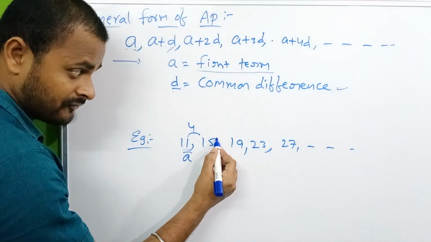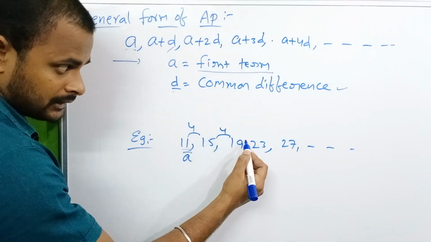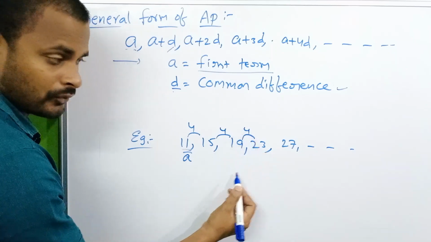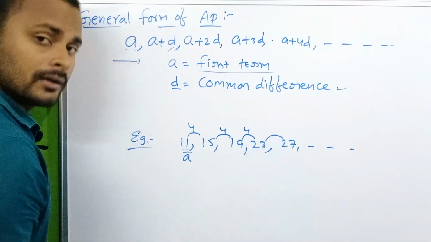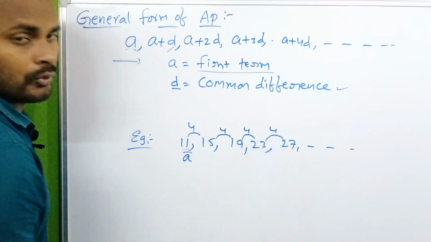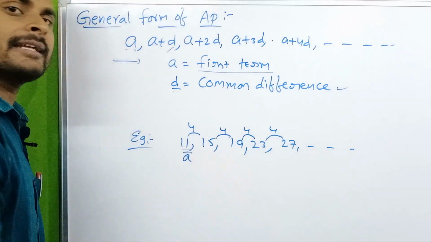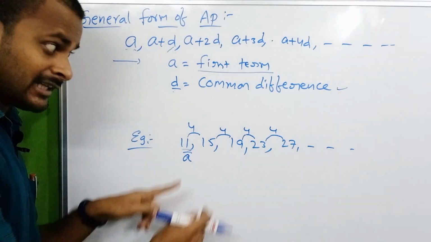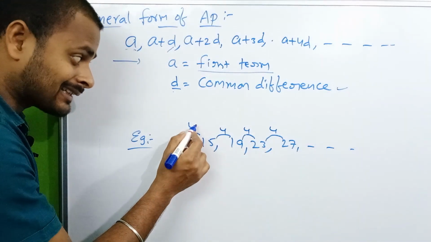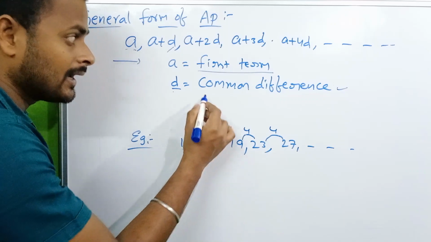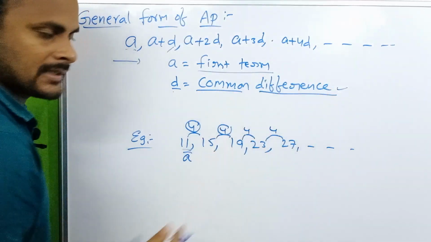The difference between 15 and 19 is 4. The difference between 19 and 23 is 4. And the difference between 23 and 27 is 4. So here the difference is common between the consecutive terms. That's why that kind of difference is called common difference.